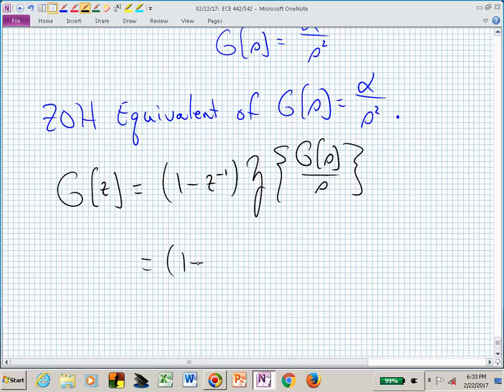Or that's now 1 minus z to the minus 1. Sometimes it's just easier, if you're a few steps away, to keep writing that as 1 minus z to the minus 1. But now we need to Z transform G of S over S, or alpha over S squared times S, or S cubed.